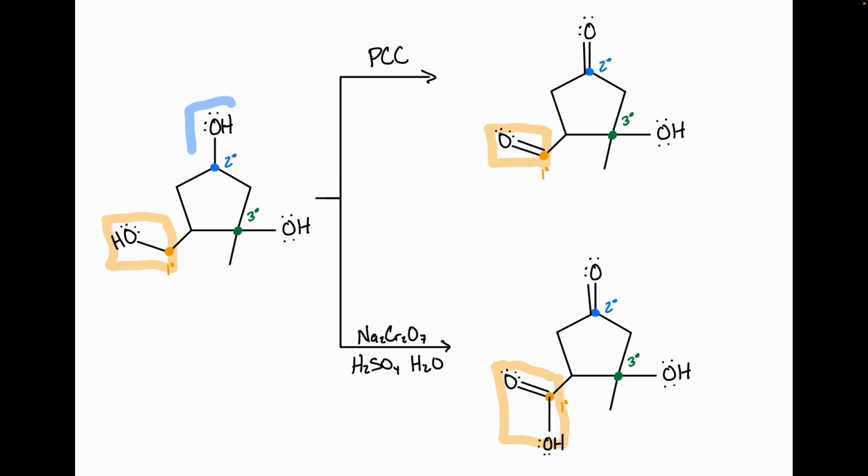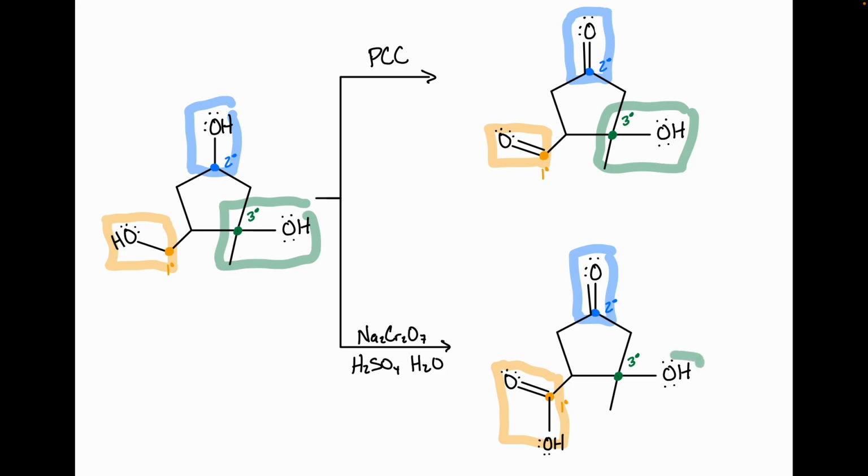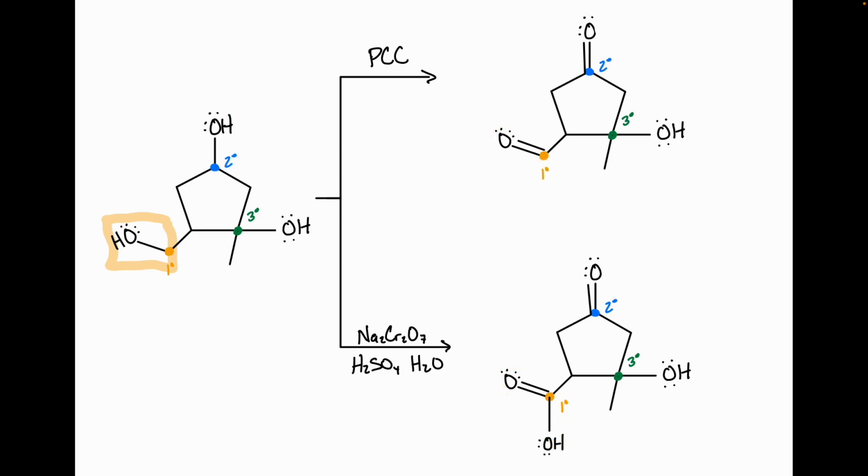Both will convert this secondary alcohol to a ketone, and neither will be able to do anything to our tertiary alcohol. That stays the same. So here is our summary of all of our oxidation reactions. Cool. And then how do we go the other way? So now let's talk about reducing agents.